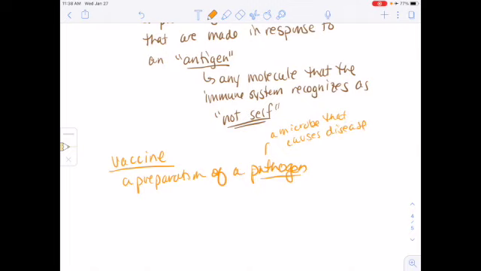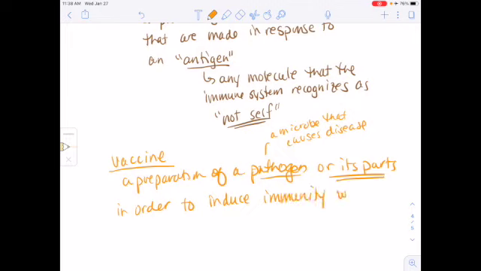A preparation of a pathogen or its parts, and this is very important, or its parts, in order to induce immunity without causing illness, without causing disease.